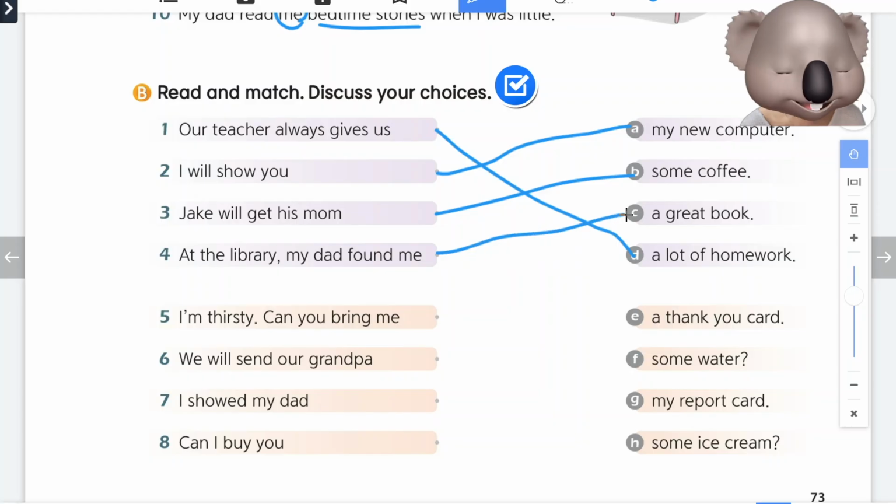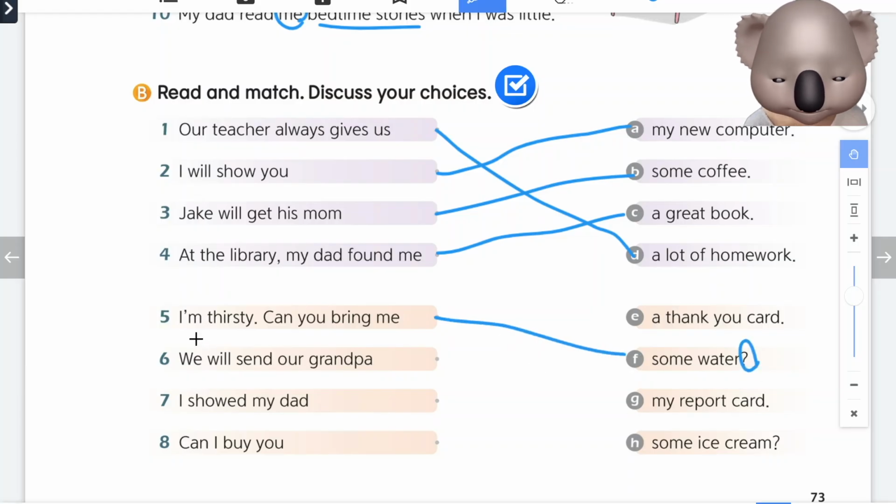A great book. Number 5, I'm thirsty. Can you bring me? 목이 마르면 무엇을 마실까? A thank you card? Some water? 그리고 질문이라서 we need a question mark. Good job. Number 6, we will send our grandpa a thank you card.